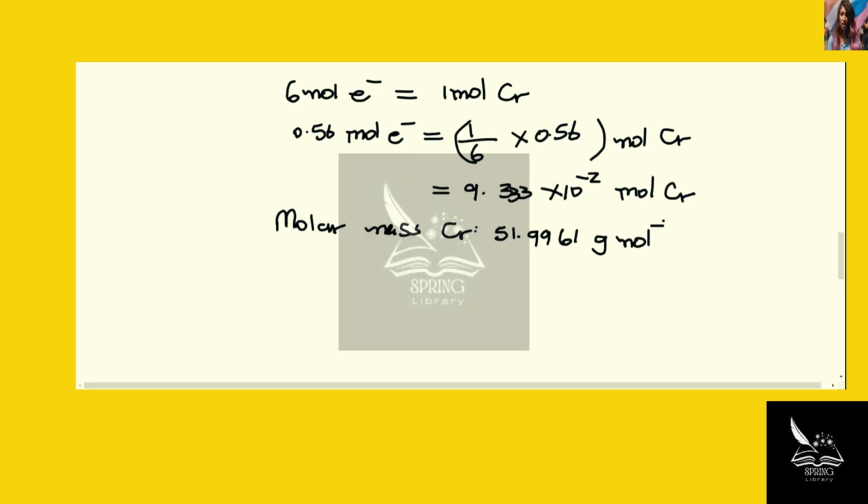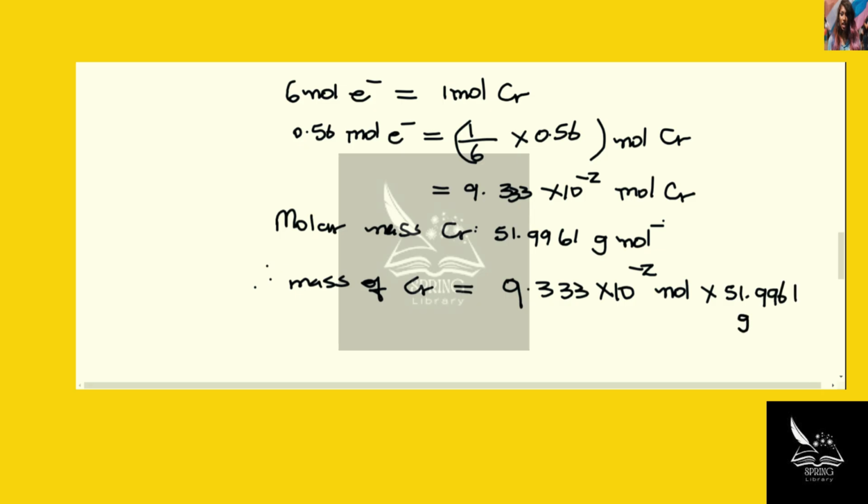So therefore, the mass of chromium produced is equal to 9.333 × 10^-2 moles multiplied by 51.9961 grams per mole.